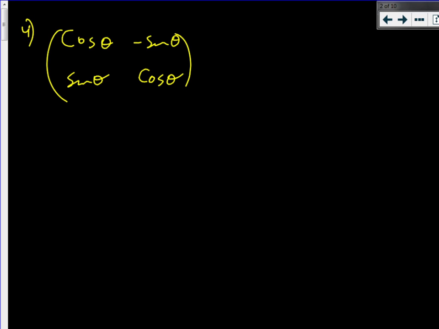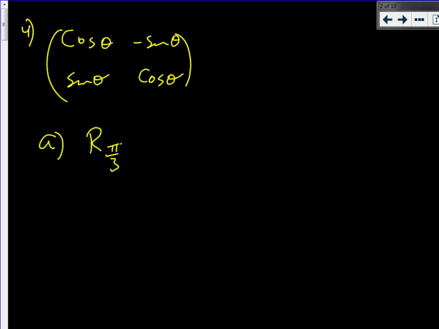Problem number 4. That is their matrix that rotates theta degrees. So now they want us to compute R sub pi over 3.